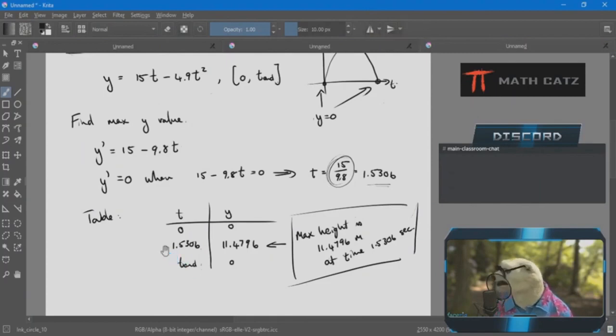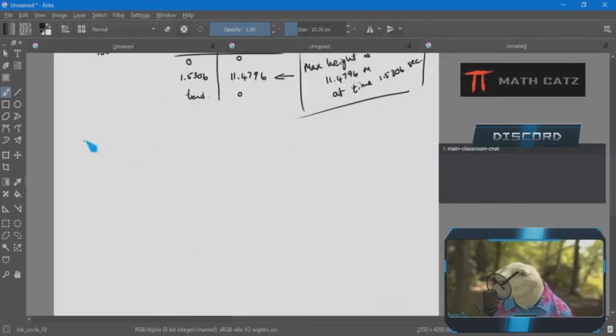Velocity is the derivative. And we already found the derivative as 15 minus 9.8t. So the velocity at, let's just do the first one, 0.5 seconds, I can find that.